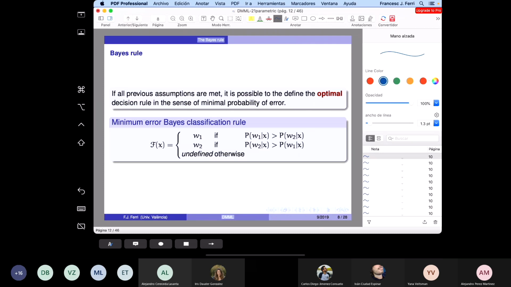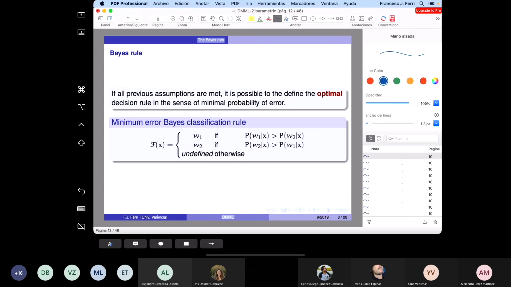Well, this undefined is because in some places of the space the probability can be undefined, and also because we can have a tie between the two classes.